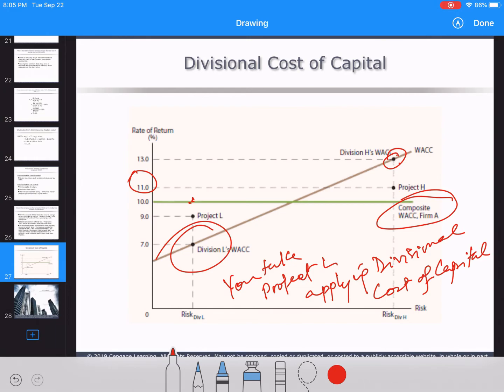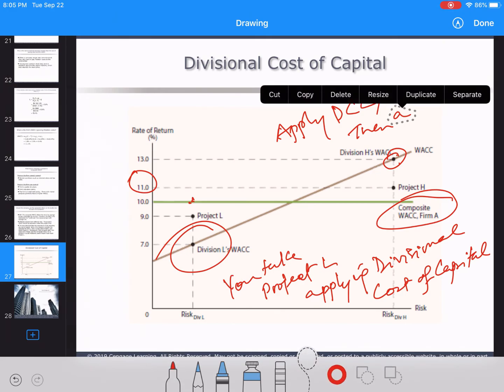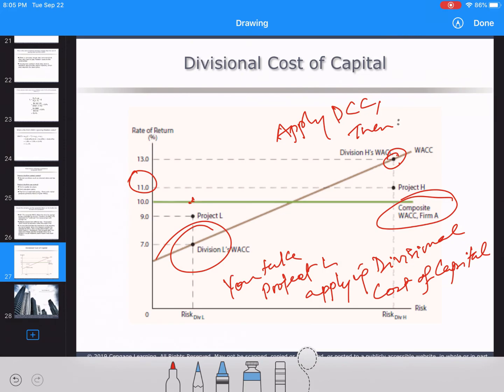But actually that has to be stopped. That cannot be taken. So if you apply the divisional cost of capital, then you reject project H.